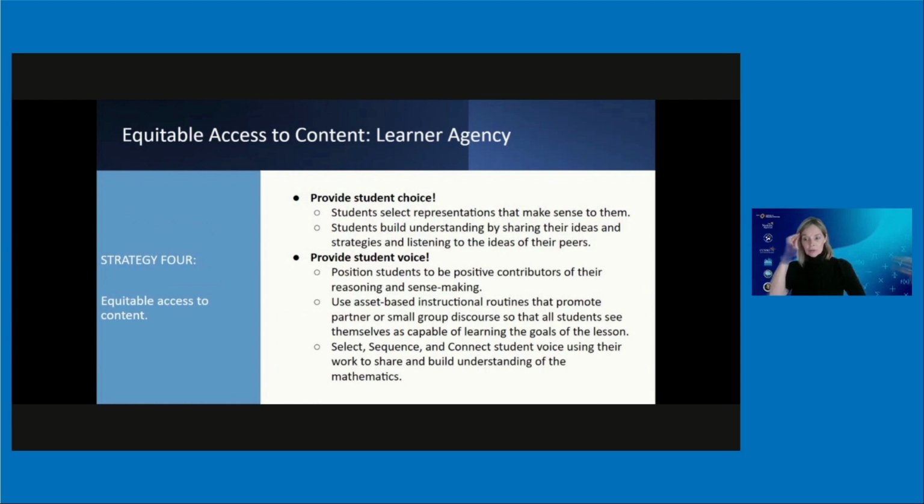Please note, it is really important that when we are selecting, sequencing, and connecting student work, that we are thinking about doing that in many different ways. We do not always want to start with the simple solution, building to the more complex. Students are aware of that, and that also does not honor and value what mathematics is about.